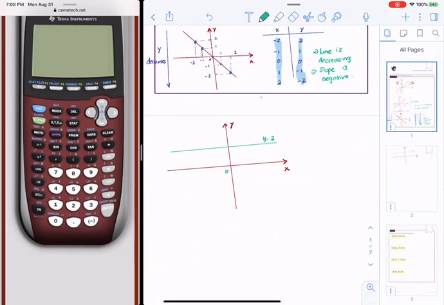So 0, and that would be 2. So that is a horizontal line, and the slope is 0 for any horizontal line.